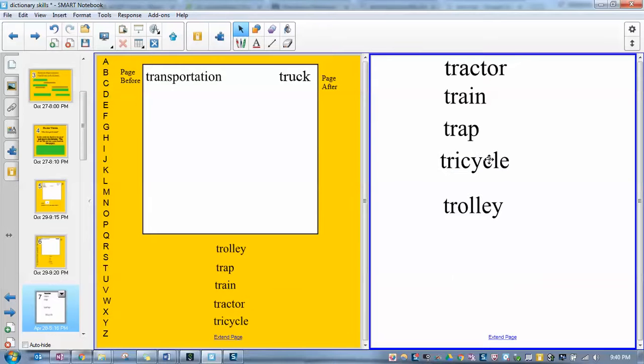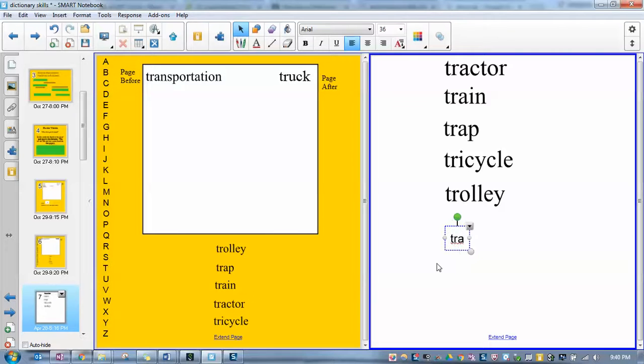So I have my words all in alphabetical order, but now it's time for me to find out where they would fall in relation to my guide words. So I'm also going to include my guide words here, so I'm going to type them in right now. I've got transportation, and I have truck. So transportation, I'm going to look and see where this would fit.